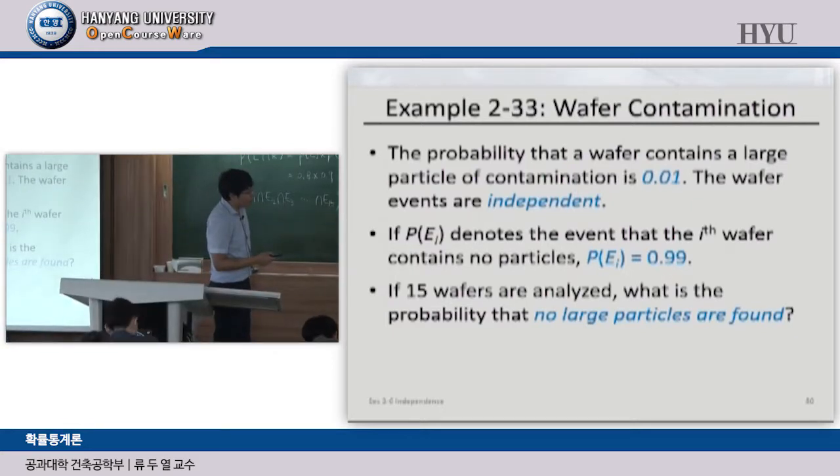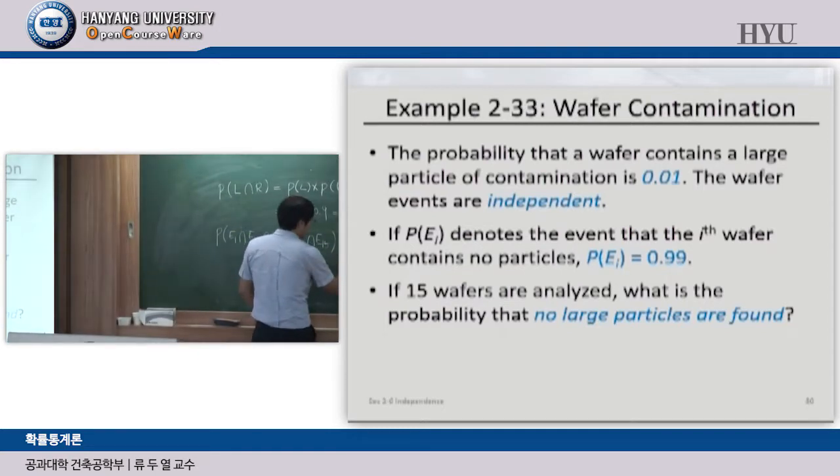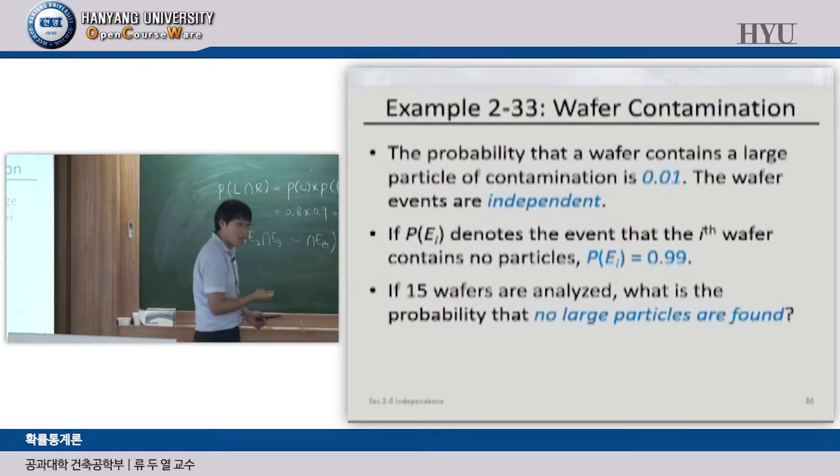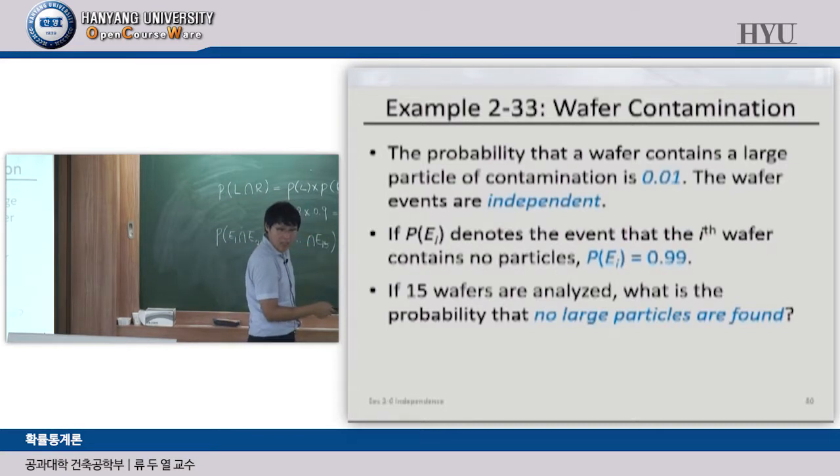And since the vapor events are independent, this can be expressed as the probability of E1 multiplied by the probability of E2 multiplied by the probability of E15. Okay? And what is the probability of EI? That is 0.99. Okay?